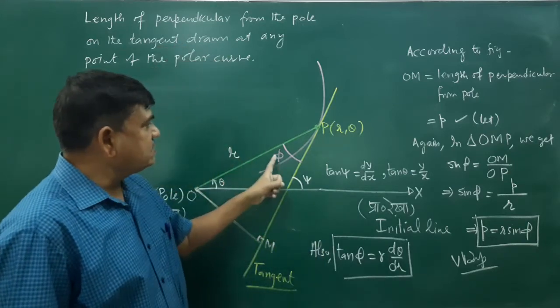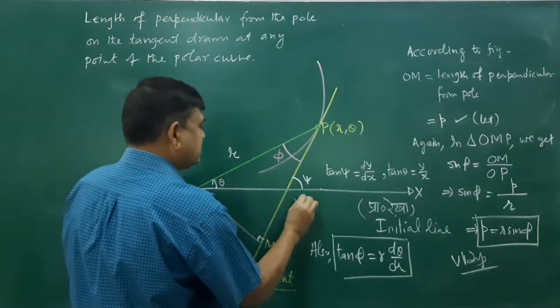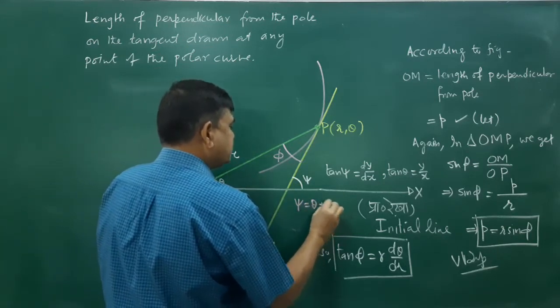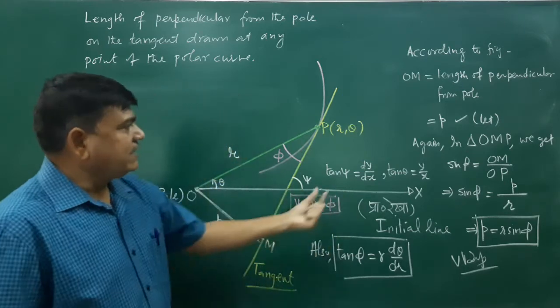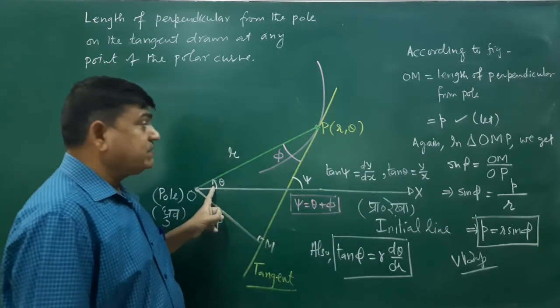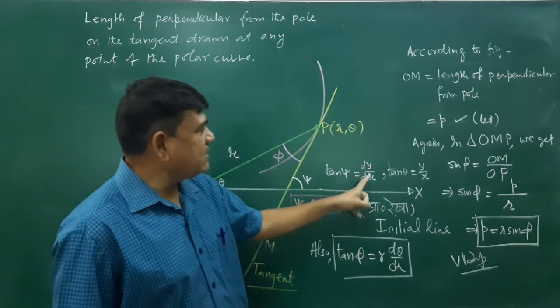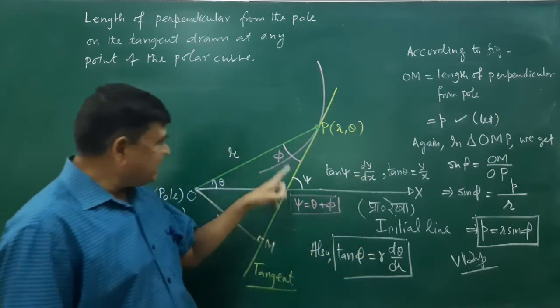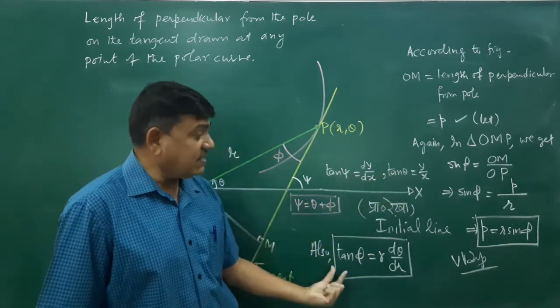This is theta, this is phi, this is psi, and psi is theta plus phi. Okay. So see, tan theta is y upon x, tan phi is r d theta by dr, and tan psi is dy by dx. So these three angles, and the results are given in terms of tan theta, tan psi, and tan phi.